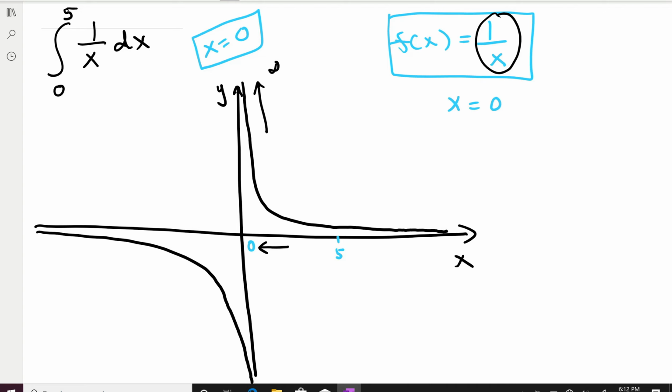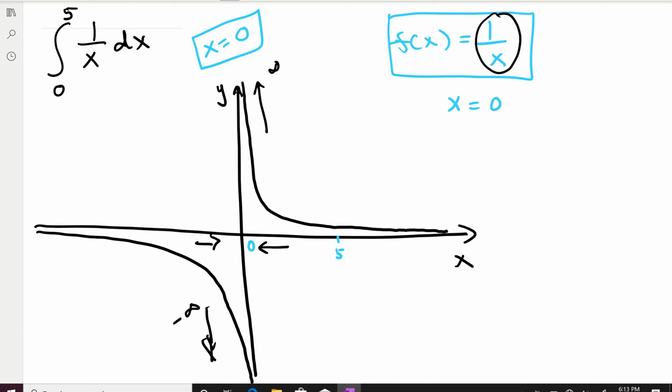Now if you think about the left hand side, x values that are really small and negative, like negative 0.1, negative 0.01, likewise, then the function shoots down to negative infinity, when you take really tiny, or really large, I should say, negative x values, however you want to think about it.